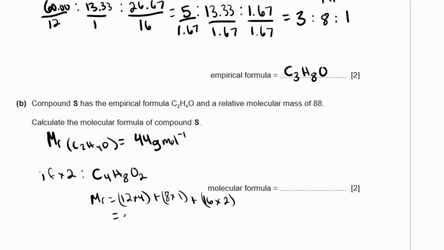And that equals 88 grams per mole. So that means the molecular formula is C4H8O2. If this didn't add up to the right number that you're told it is, then you'd try multiplying it by 3. They won't go up very far, don't worry.